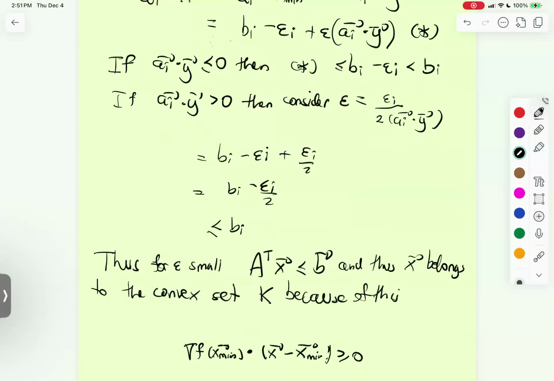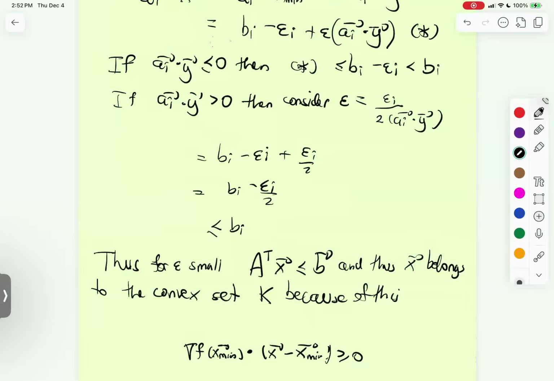Because before the Thanksgiving break, we did prove that when you have a local minimum in a convex set, then the gradient evaluated at the local minimum dot x minus x_min is always greater or equal to 0. That comes for free as long as x belongs to the convex set. So that's why we needed x in the convex set.